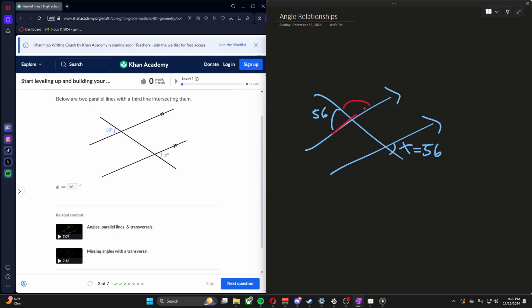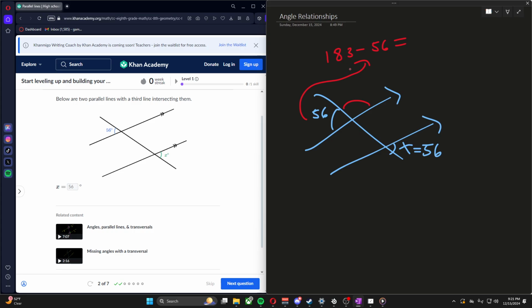Well, we always know that a circle consists of 360 degrees, meaning half of that would have to be 180 degrees. We can take 180, subtract the 56 from this angle right here, and that'll give us this angle right here.